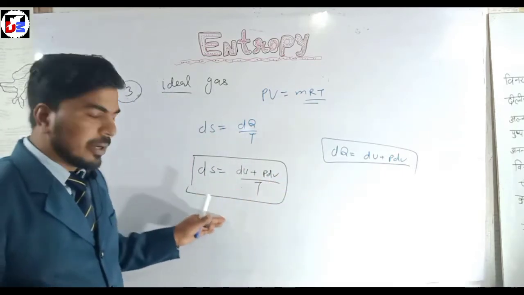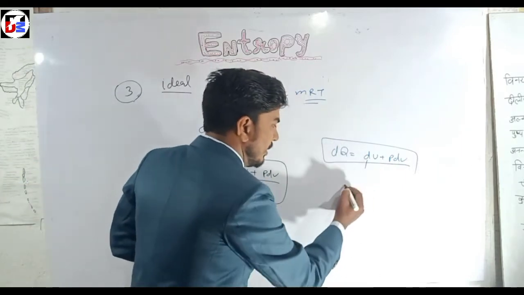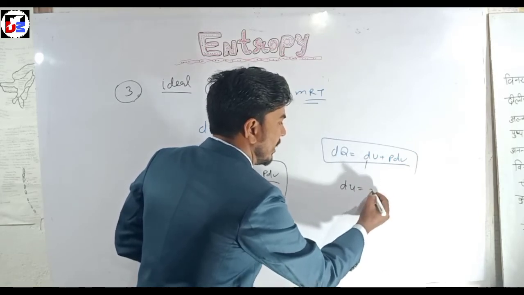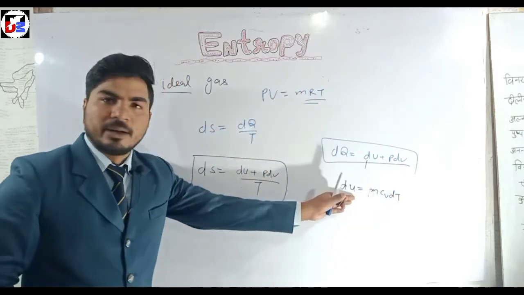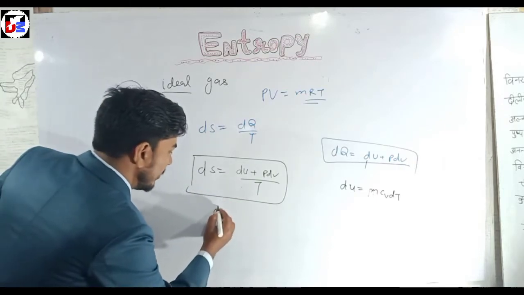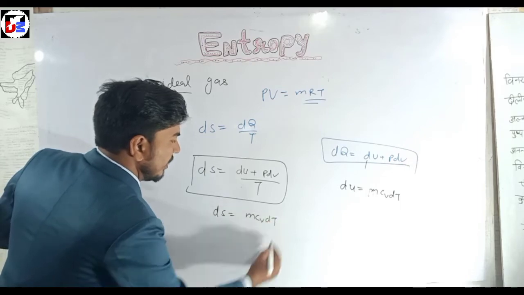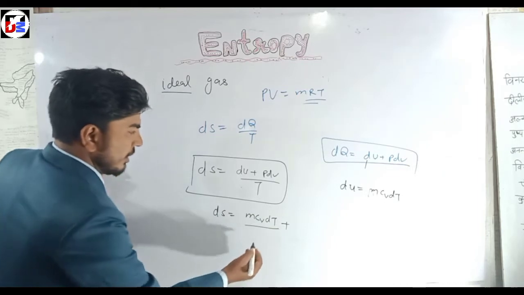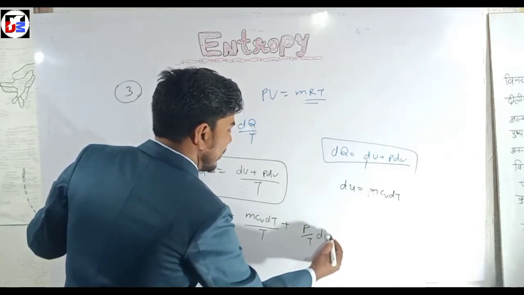You can expand this formula. For the ideal gas, dU is written as mCv dT if a mass is given, and you can write this value in this equation, then you get dS is equal to mCv dT upon T plus p by T dV.